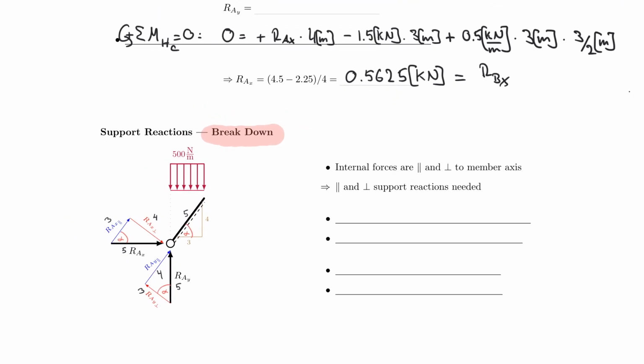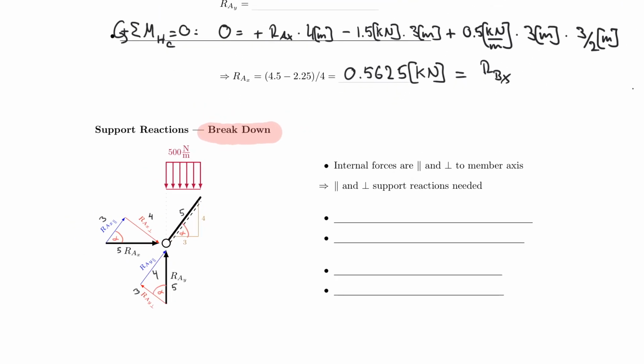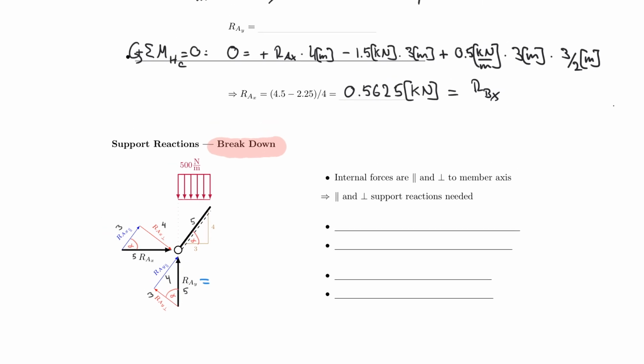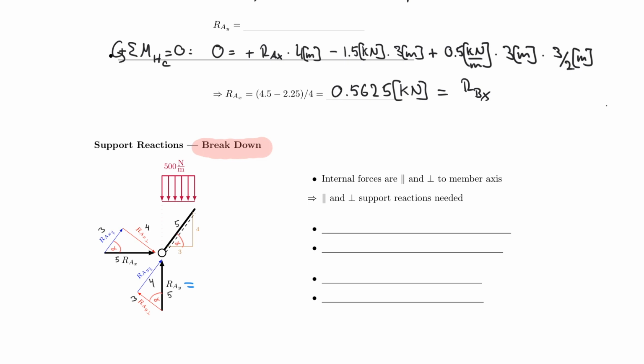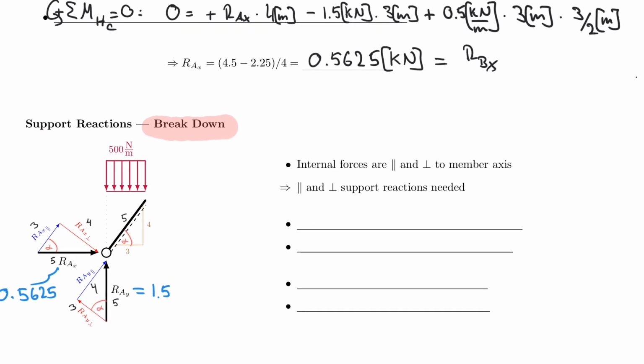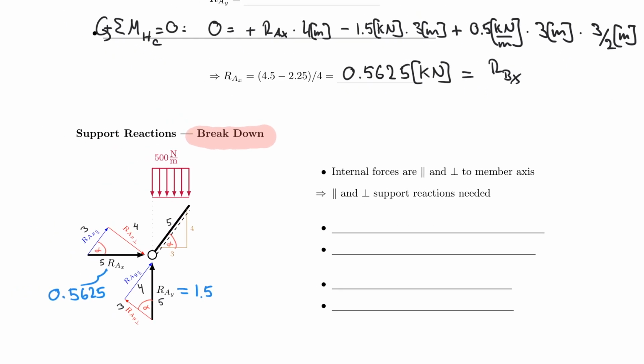And maybe I will help myself here by adding the support reactions. RAY is equal to 1.5, whereas RAX is equal to 0.5625. So let's do the math.